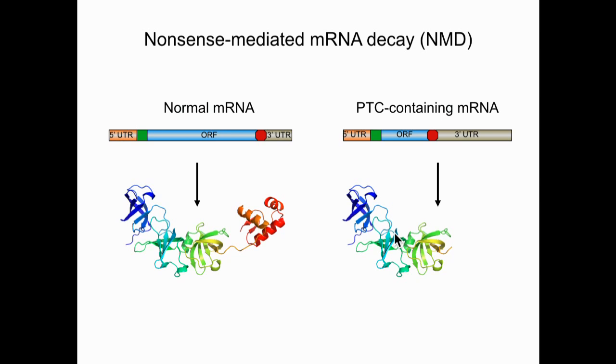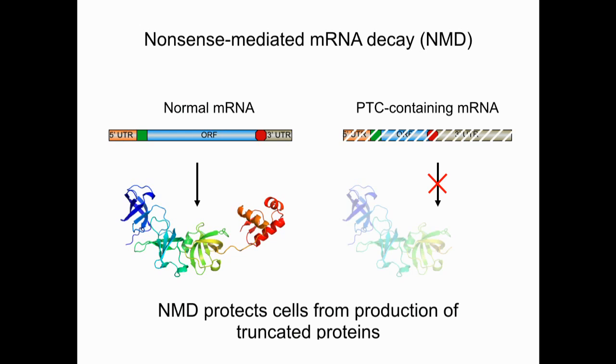Now, truncated protein products are often very detrimental to the cells. We have dominant negative, dominant active oncogenes and the like. So the cells have actually evolved a mechanism by which premature termination codon containing mRNAs are recognized and rapidly degraded, thus preventing the expression of potentially harmful truncated protein products.